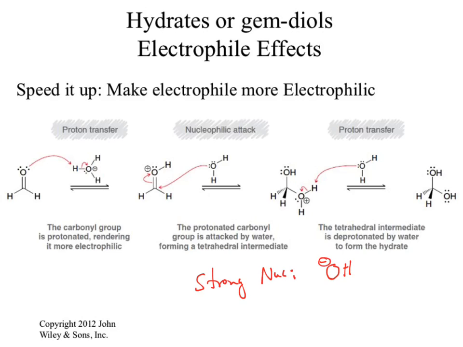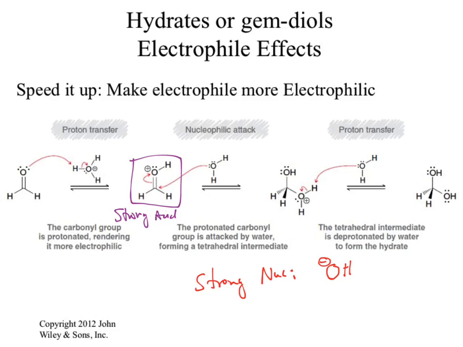OH minus, yes. Okay. What was our stronger electrophile? The positive oxygen. And we got the positive oxygen by doing what? Adding a strong acid. Can I have a strong acid and a strong base in the same solution? No, they cancel each other out. So I have to pick one and stick with it.